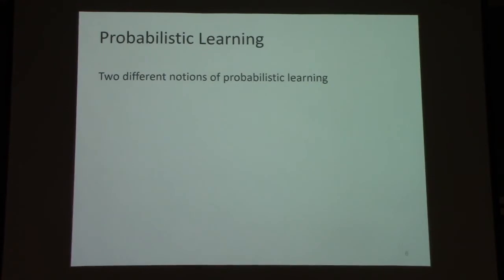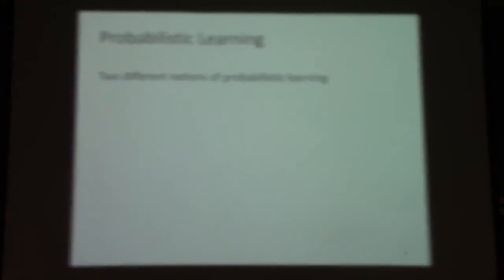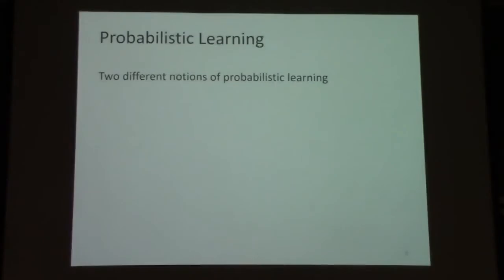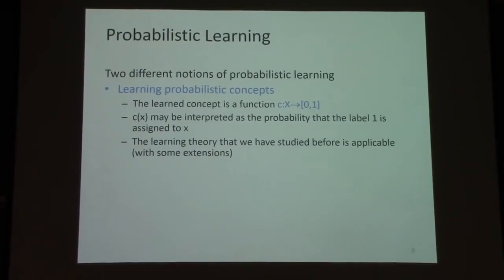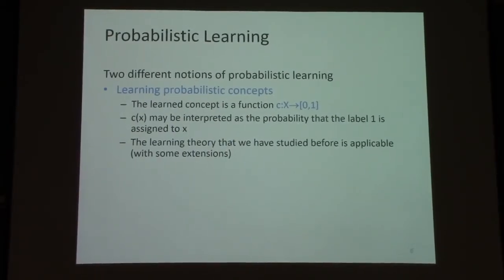I just want to clarify something before we move into Bayesian learning, which is when you talk about probabilistic learning to practitioners of machine learning, often two different concepts get blended. One of them is the idea of learning a probabilistic concept. What does that mean? So far, we've been looking at hypothesis classes, for example linear classifiers.